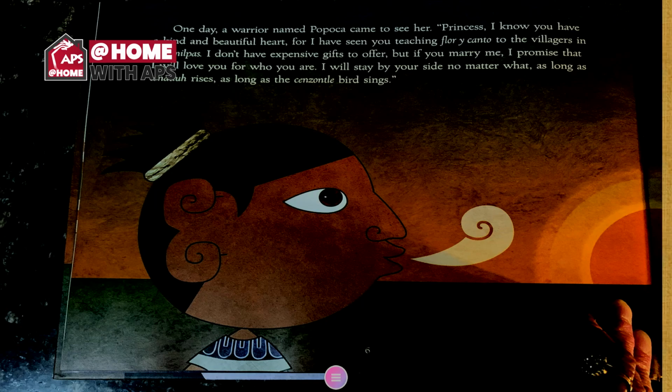One day, a warrior named Popoka came to see her. "Princess, I know you have a kind and beautiful heart, for I have seen you teaching flor y canto to the villagers in the milpas. I don't have expensive gifts to offer, but if you marry me, I promise that I will love you for who you are.